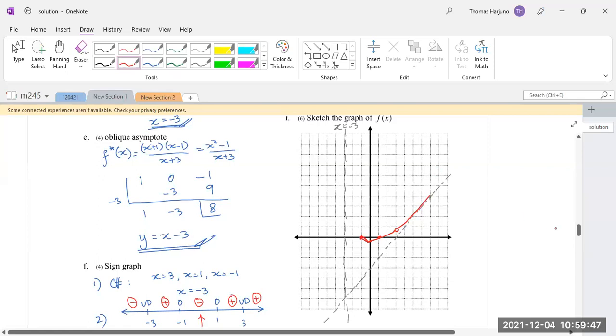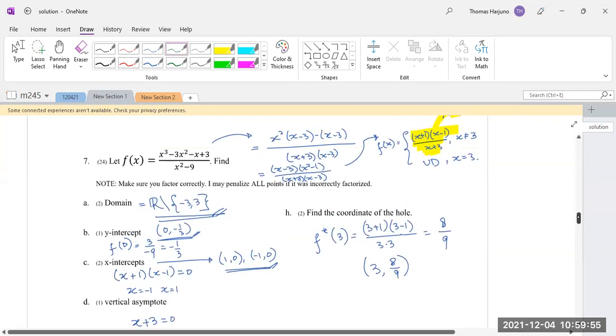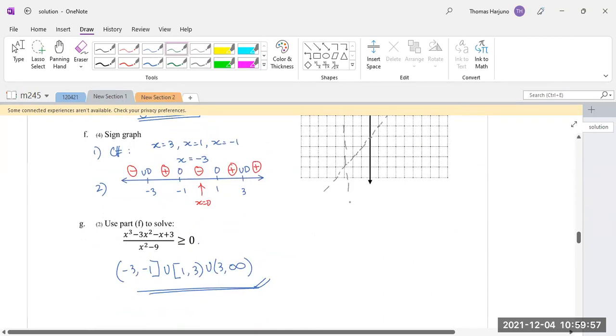Now feel free to get more coordinates though. Let's say I will use x equals -2, so that I have a better graph. So f star of x equals x plus 1 times x minus 1 over x plus 3. So f star of -2 will be -1 times -3 over 1. That's +3.